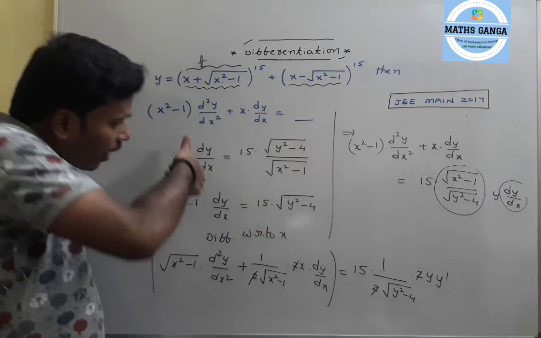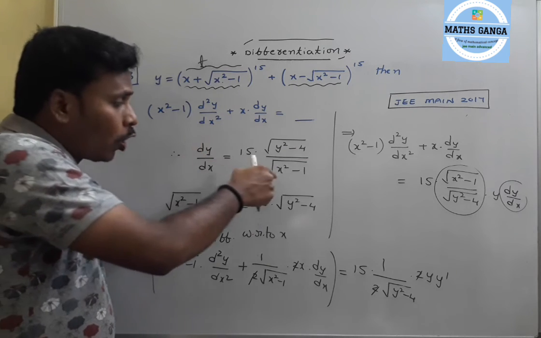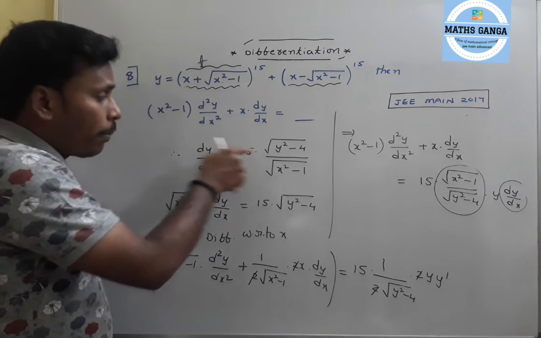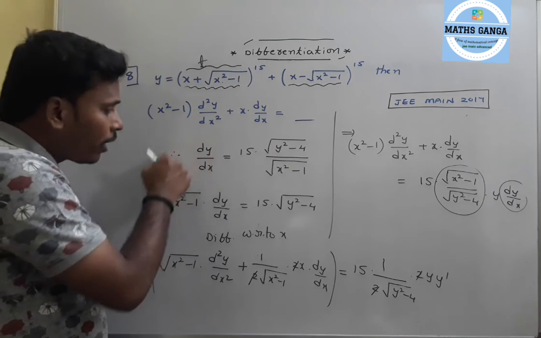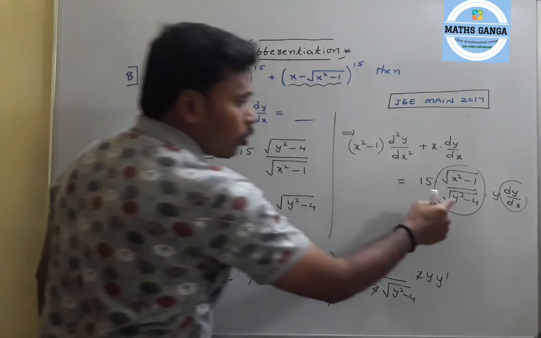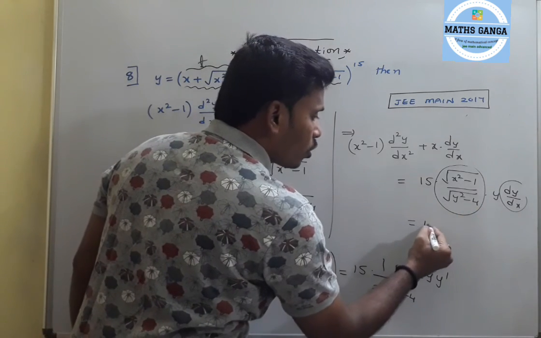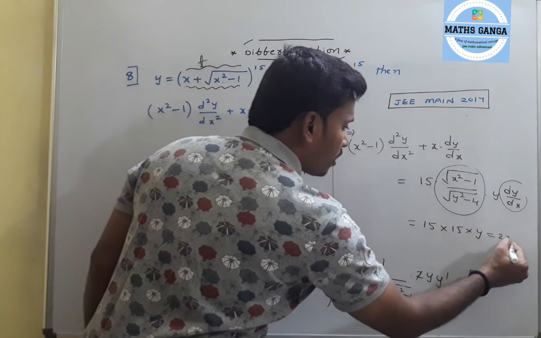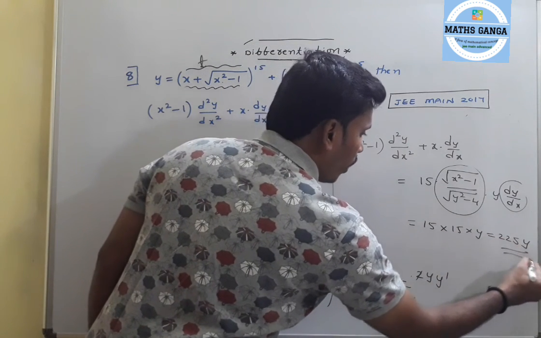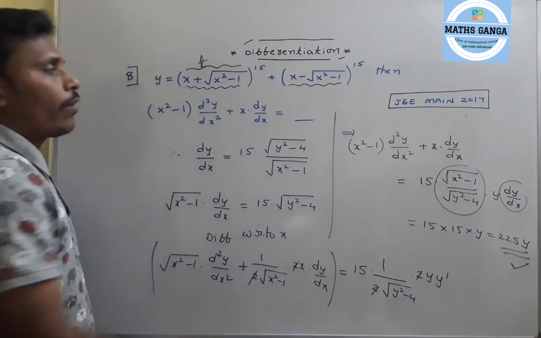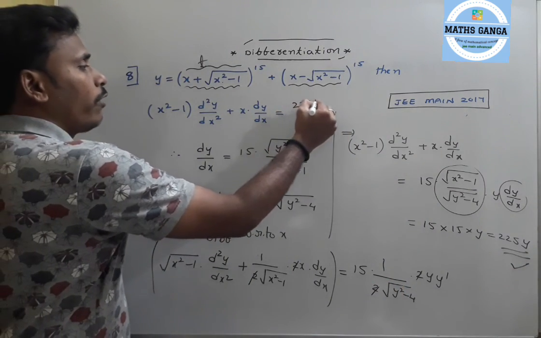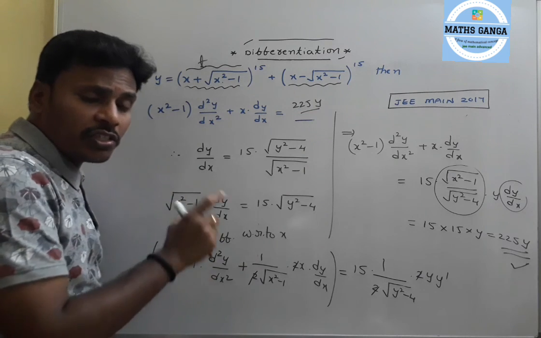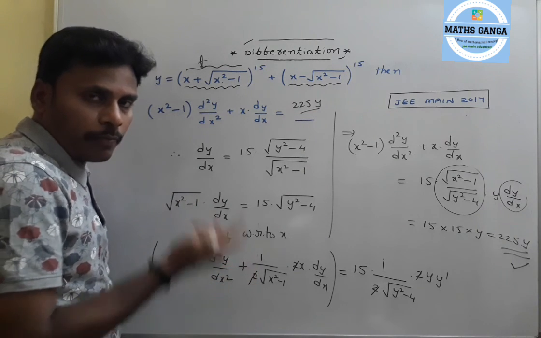Just send this fraction to the left side. Root x square minus 1 by root y square minus 4 into dy by dx is 15. So this is 15 again. So 15 into 15 y, and that is equal to 225y. There ends the problem. Our answer is finally 225y. And this is the way to simplify. Okay, have a look.